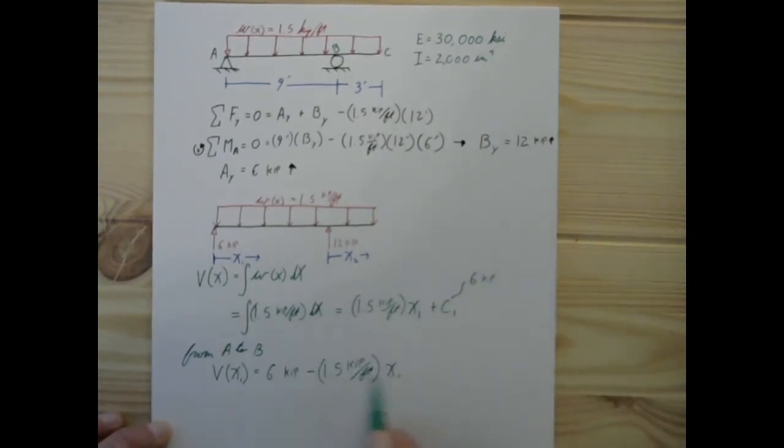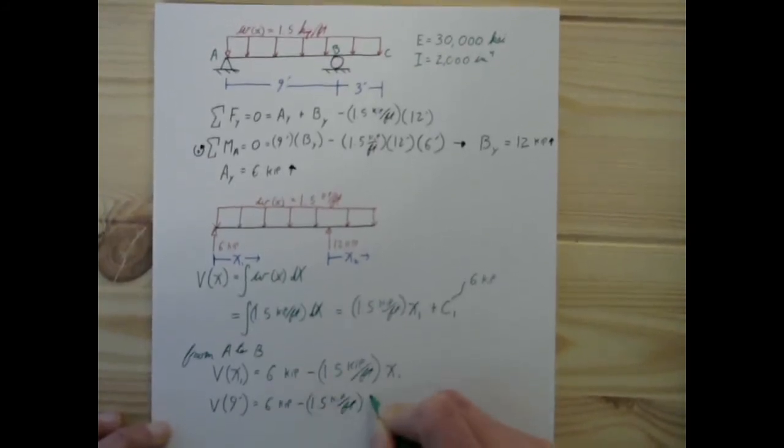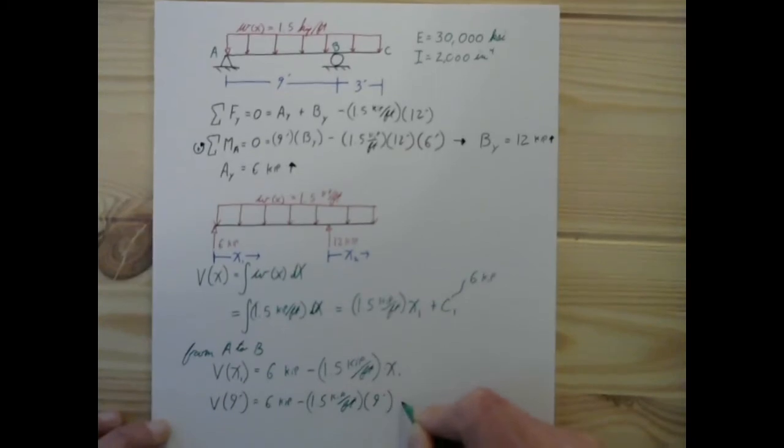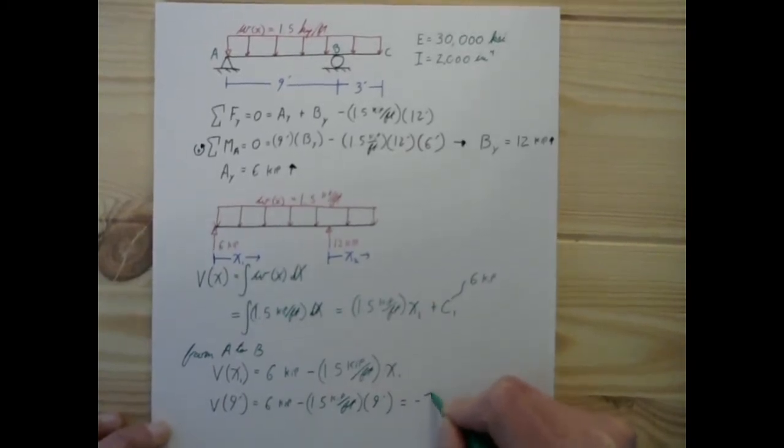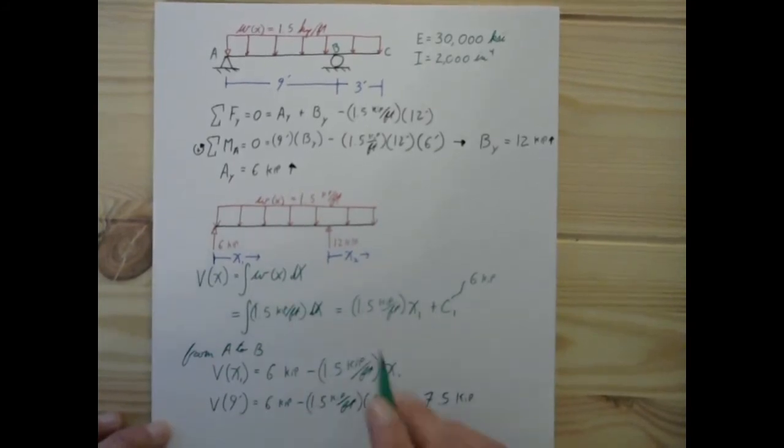If we plug 9 into here, we're going to get 6 kips minus 1.5 kip per foot times 9 feet, and that'll give us negative 7.5 kips. But there's also a point load right here of 12 kips. So we're going to have a discontinuity. It's going to bring us up to positive 4.5 kips.